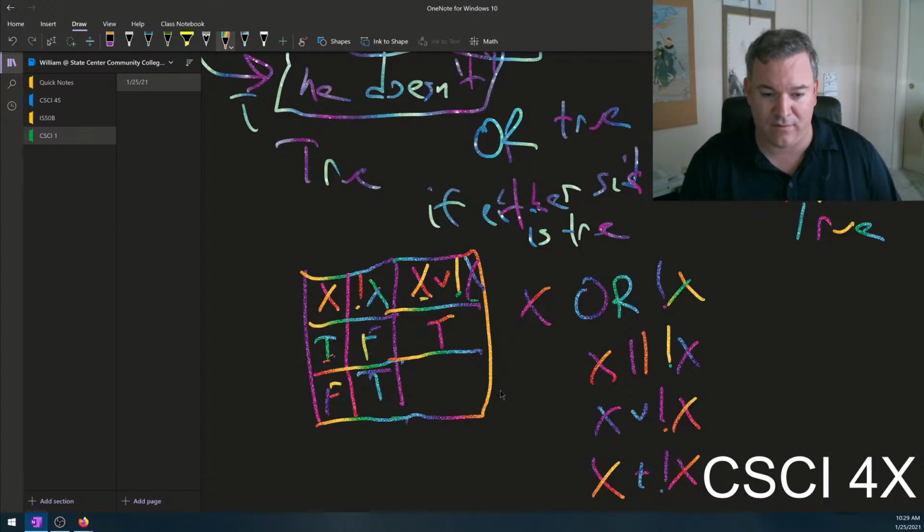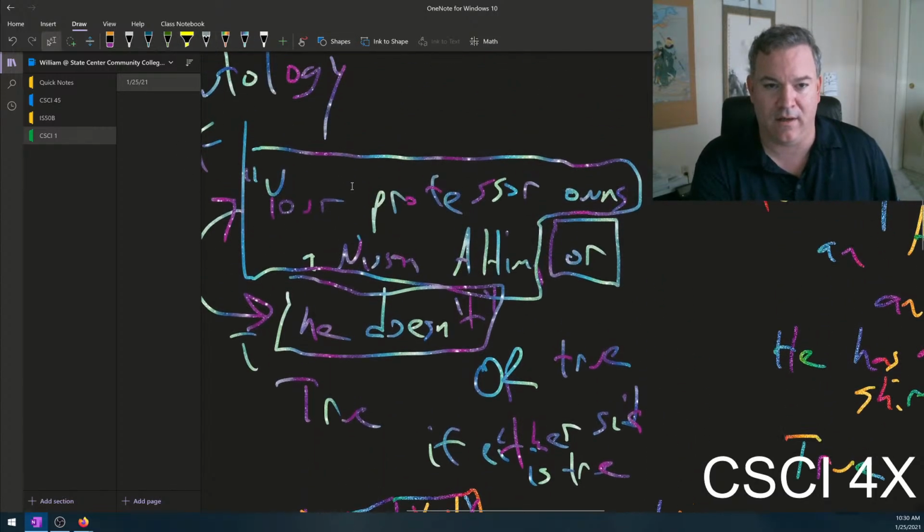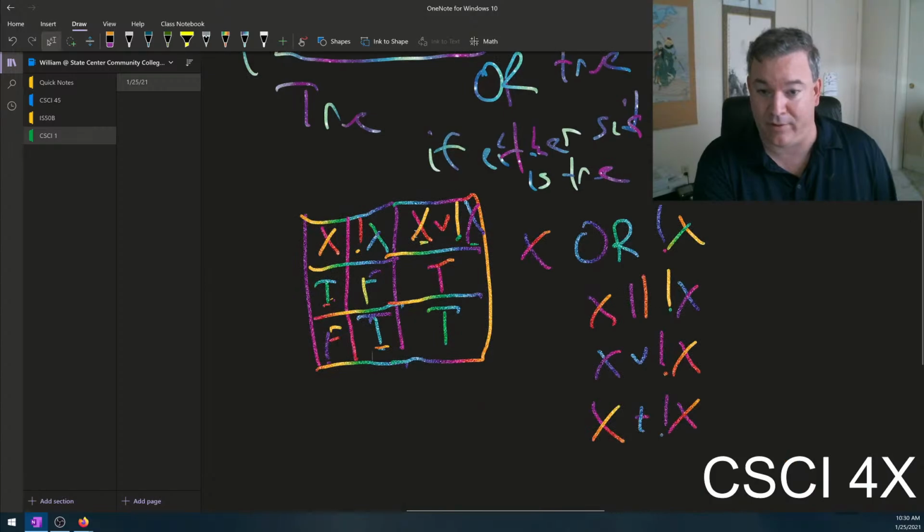In this case, you go across. You start with x is equal to false, and not x must be true. x ORed with not x must be true because the right side in this case is true. And so this is a very simple truth table, and you wouldn't bother with this in most cases because you guys figured this out just by looking at it, right? You don't need to sit down and really write it out.